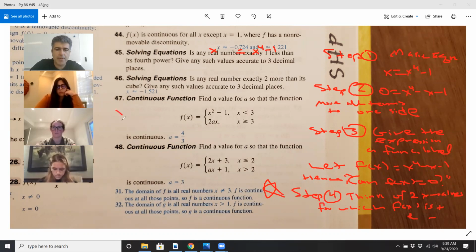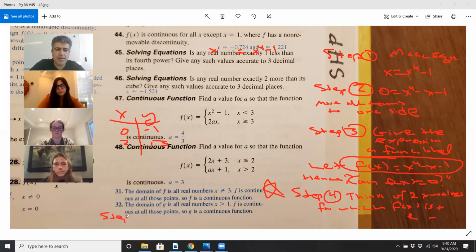So you make a little table. Usually 0 is a good one to plug in first. And I get -1. Remember, this is my function here. What if I plug 2 in? I get 16 minus 2 minus 1, I get 13. There you go.